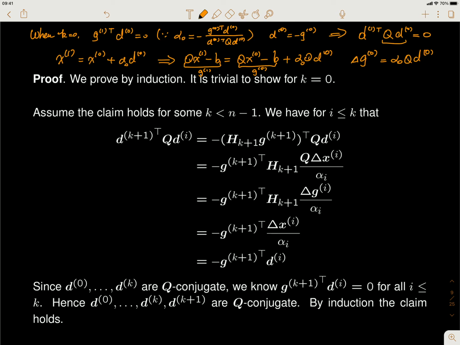So what I'm saying is that it's trivial to show in the first step that G1 transpose D0 is equal to 0. Okay, that's what I can show in the first step.